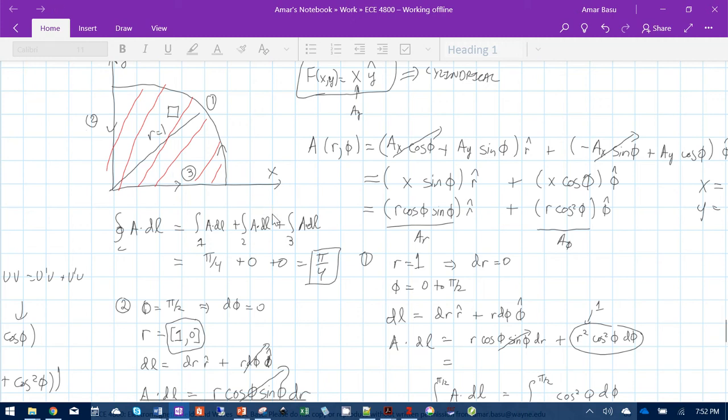So what defines this quarter circle in cylindrical coordinates? How can you define that? Yep, the phi variable is going from 0 to pi over 2. And what's the equation for that line? Isaac's got it.